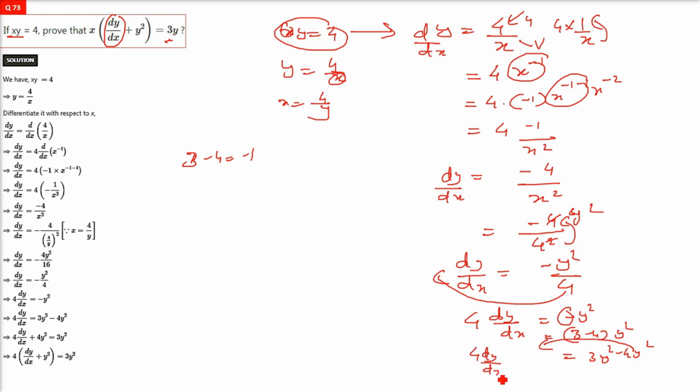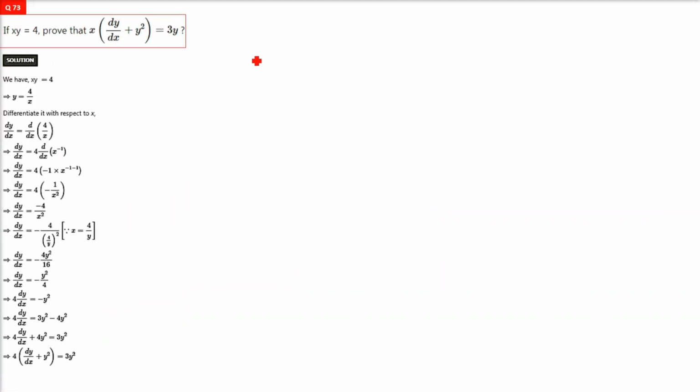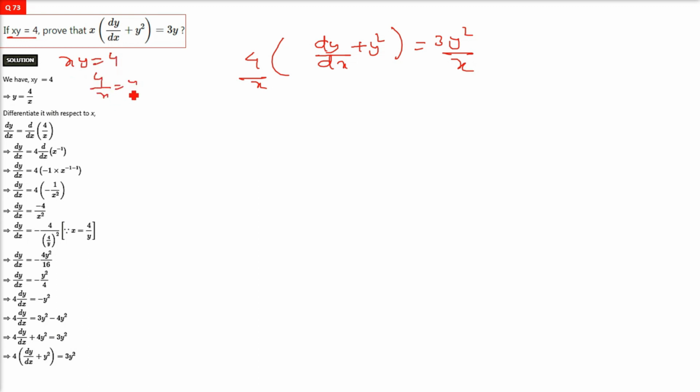Alright. So the 4y squared I am taking on the left hand side. What we get finally is 4 dy by dx plus 4y squared is equal to 3y squared. Still we need some more work. So we divide both sides by x now. And what is xy equals 4? 4 by x is y. So in place of this you can write y.